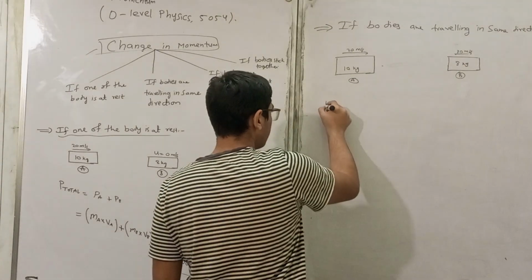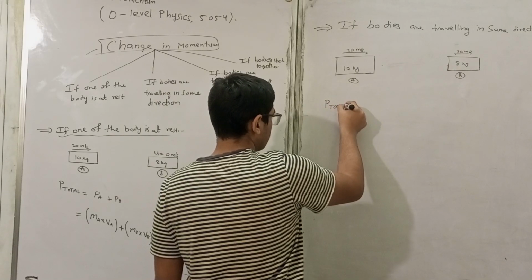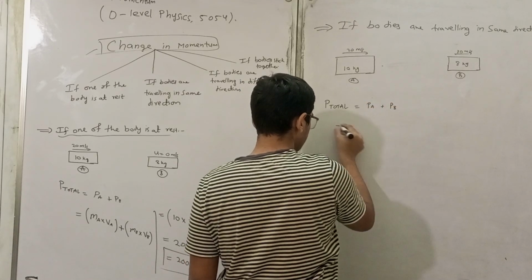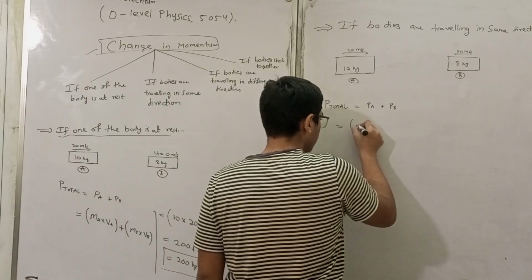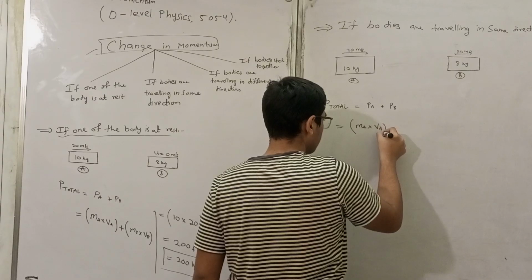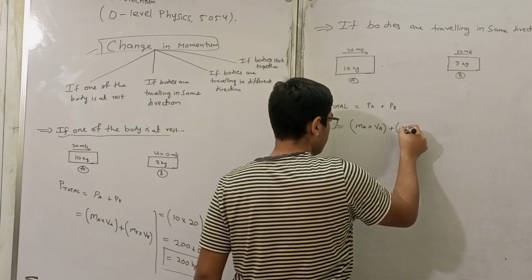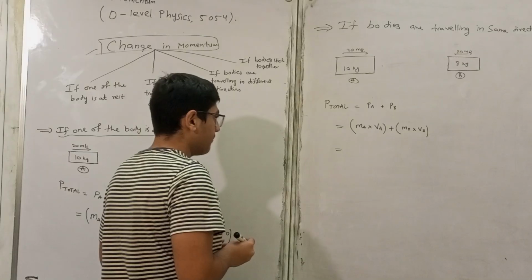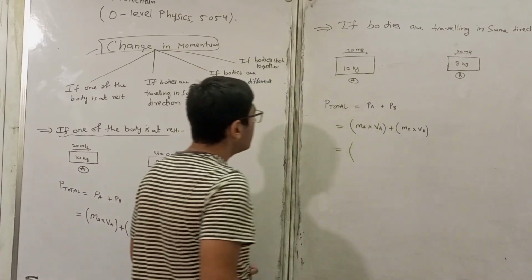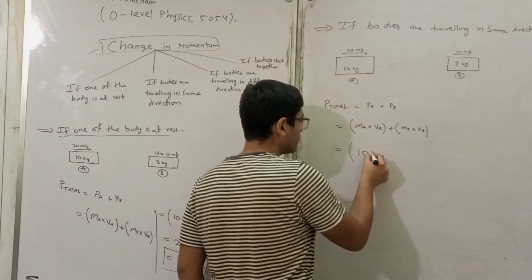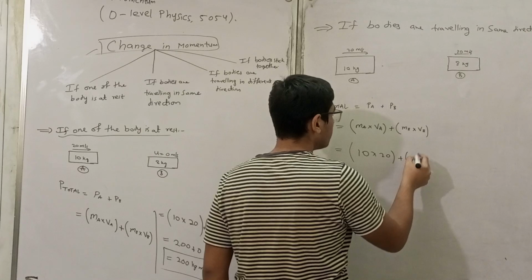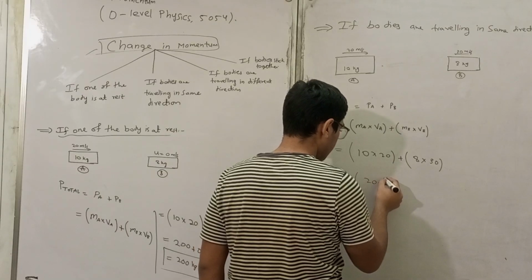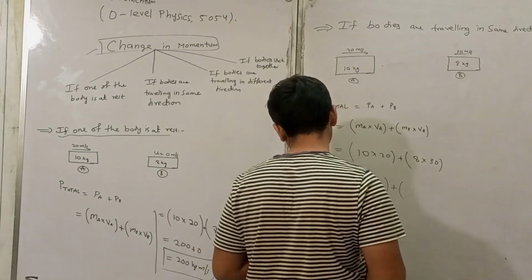So if we have to calculate total momentum, it will be equals to momentum of A plus momentum of B. Momentum of A will be mass of A multiplied by velocity of A plus momentum of B will be mass of B multiplied by velocity of B. Mass of A is 10, velocity of A is 20, mass of B is 8, velocity of B is 30. 10 times 20 is 200 and 8 times 30 is 240.